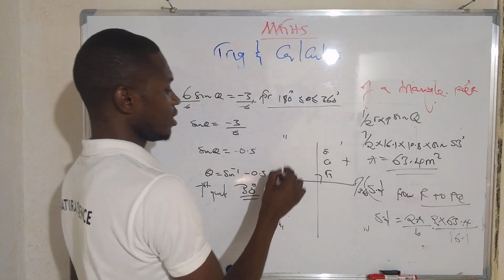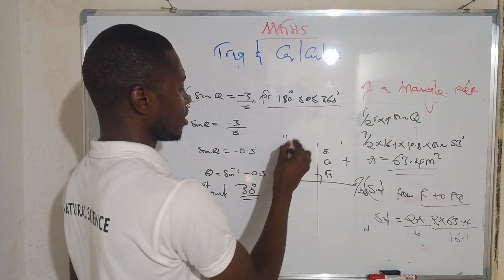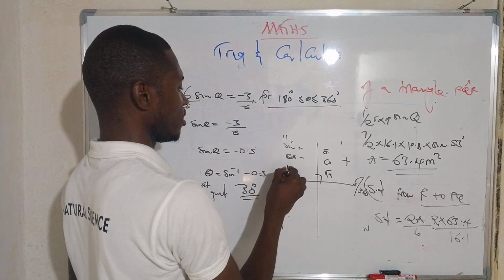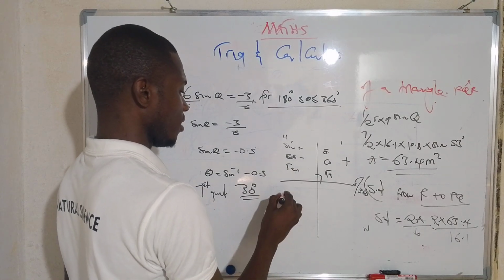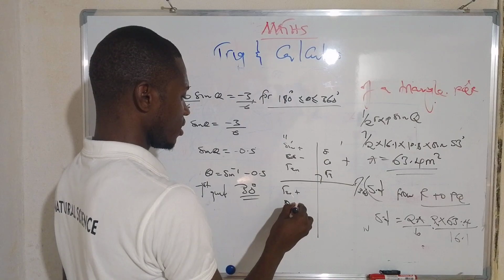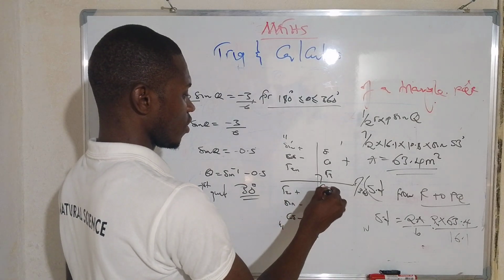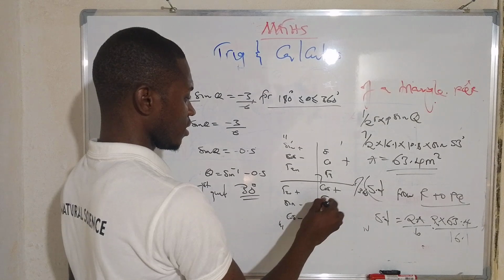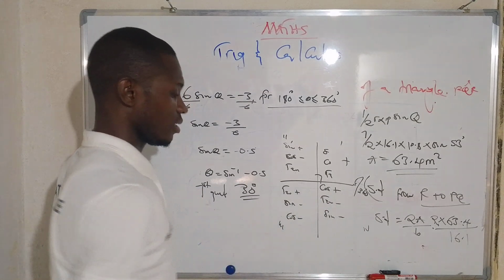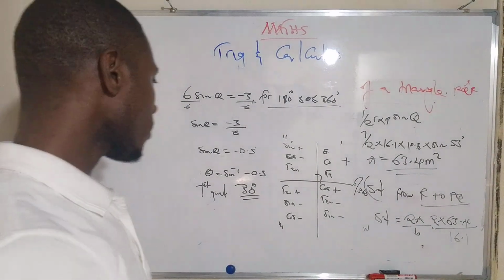In the second quadrant, sine is positive, then cos is negative, tan is negative. Here tan is positive, sine negative, cos negative. Here cos is positive, tan negative, sine negative. So that's what we looked at last time.